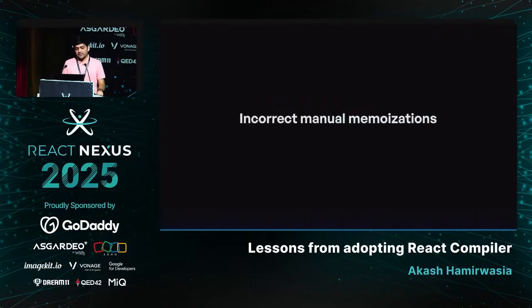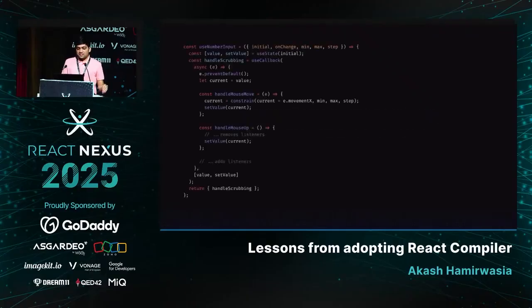The second one is incorrect manual memoizations. So whenever the React compiler encounters certain components that are using useMemo hooks, but the dependency array is incorrect, it simply ignores that hook or component. So let's take a look at an example. This is a hook that handles number inputs inside Zustand, and this particular function is a useCallback hook.